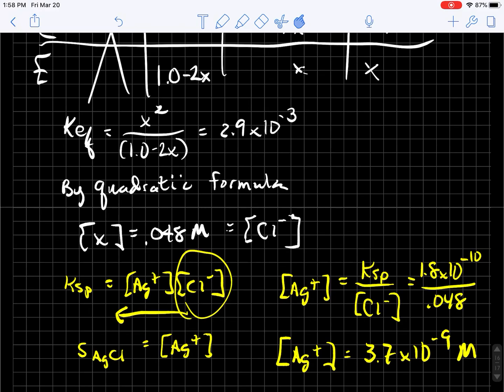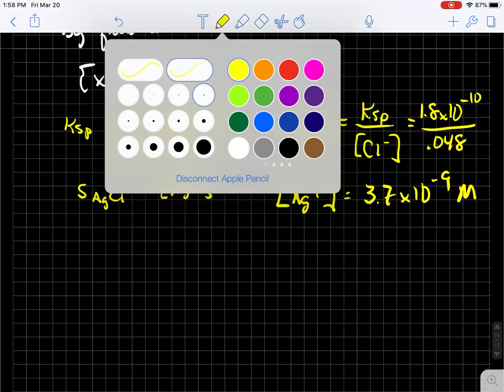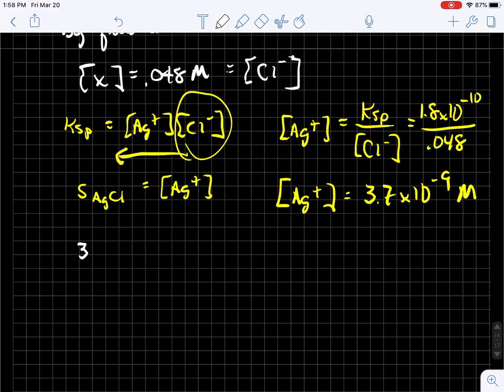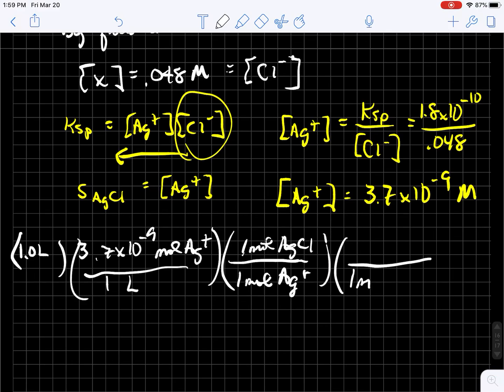And we're dealing with 1 liter of solution, which is convenient because now I can just convert that to grams. So we have 1 liter of solution, and we're going to multiply that by 3.7 times 10 to the minus 9 moles of silver per 1 liter of silver. And I know that 1 mole of silver is equal to 1 mole of silver chloride that dissolves.